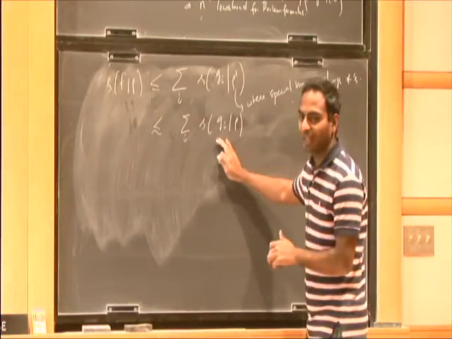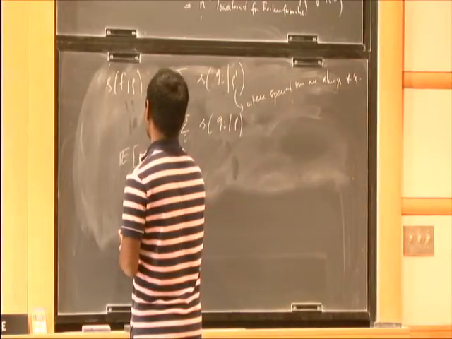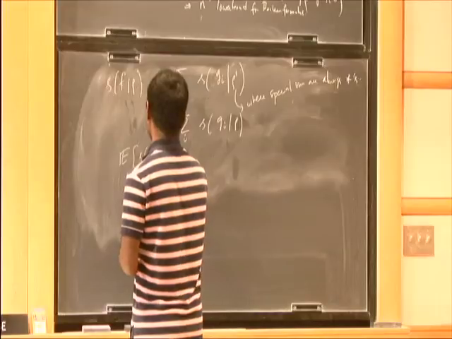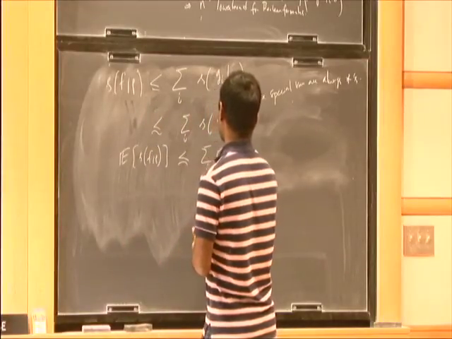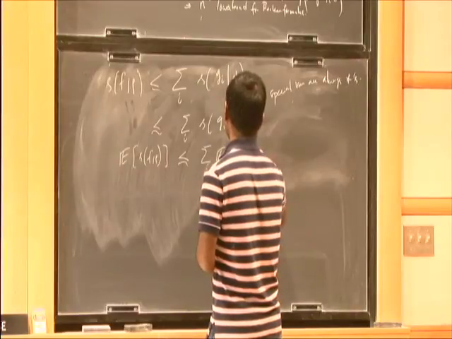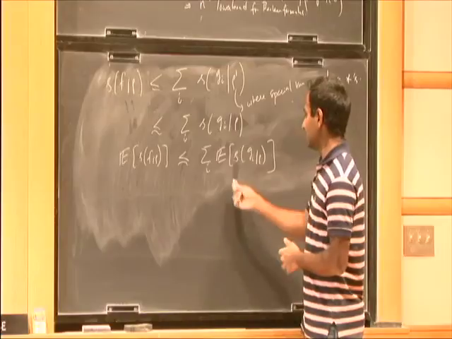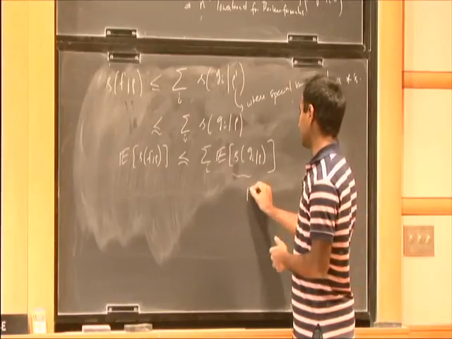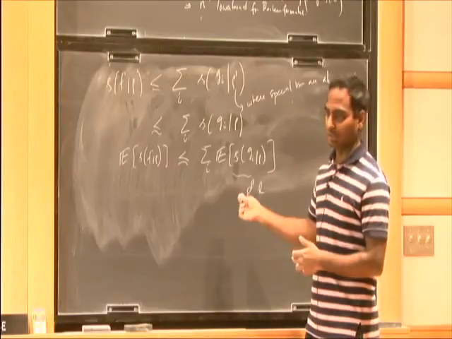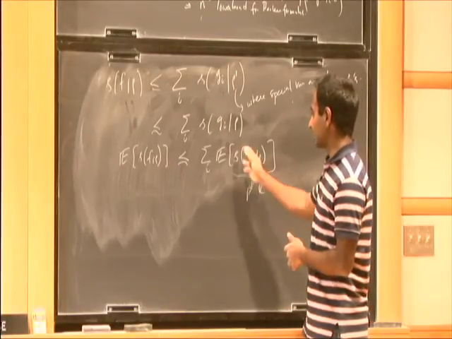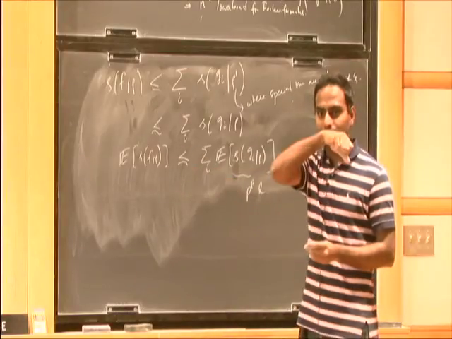So this is what we have, and this implies that the expectation of S of f restricted by rho is, let's say I just want to bound the expectation, then I can just use a union bound, right? And each of these becomes basically p to the gamma times L, because it's a truly random restriction on this part, and hence you'll get that.